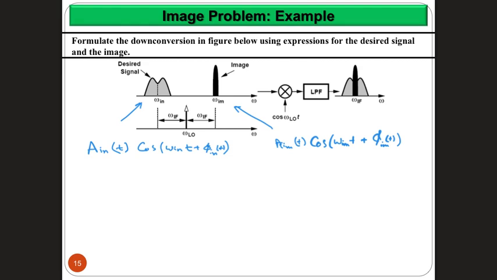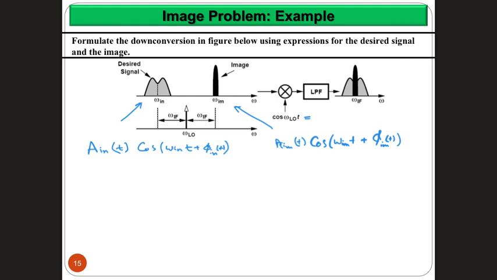Now, these two signals added together are multiplied by the local oscillator, which is again a cosine function.